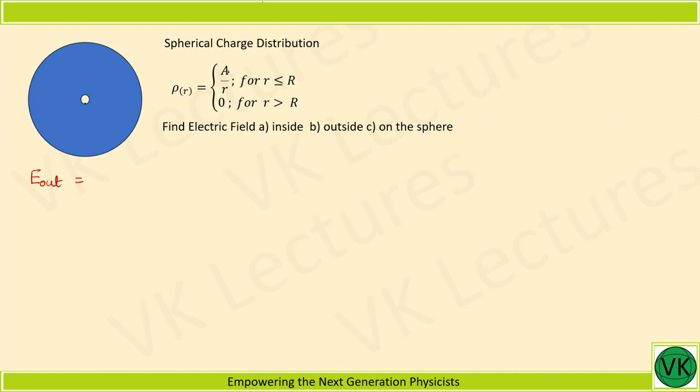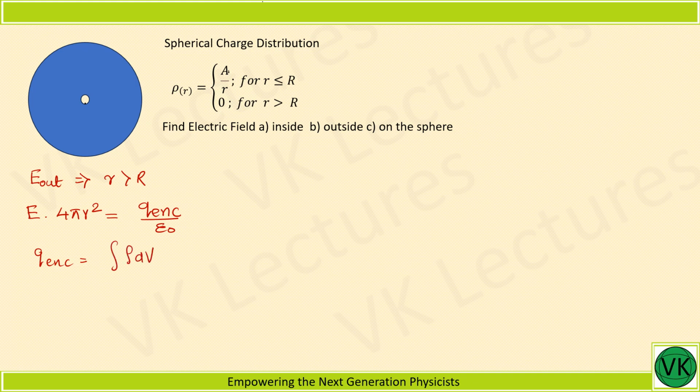For E outside, the point r will be greater than the capital R. So the left hand side, that is E into 4 pi r square, remains constant. Now that's equal to Q enclosed by epsilon naught. Now what is Q enclosed? That's equal to integral rho dv.